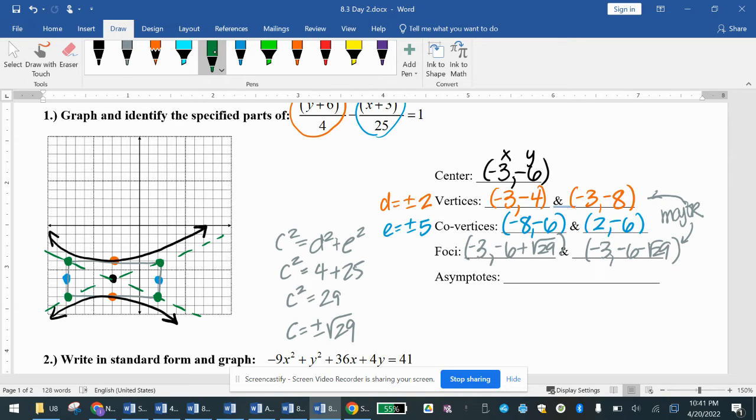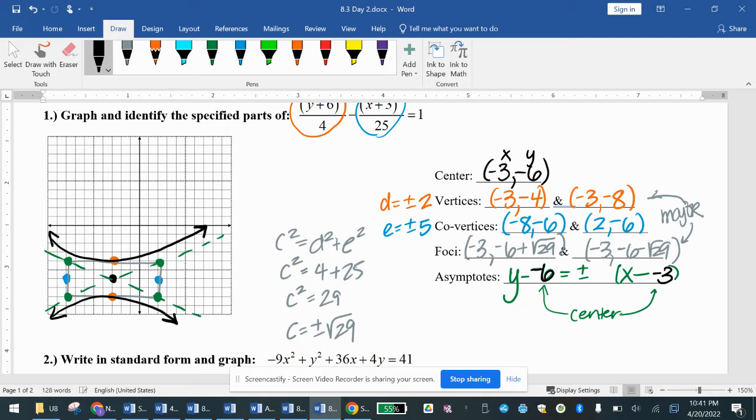Okay, so the asymptotes, you're going to write out a point slope form. So this is kind of like the setup. Remember that you're going to use the y value and the x value of the center. So that's negative 6 and negative 3.